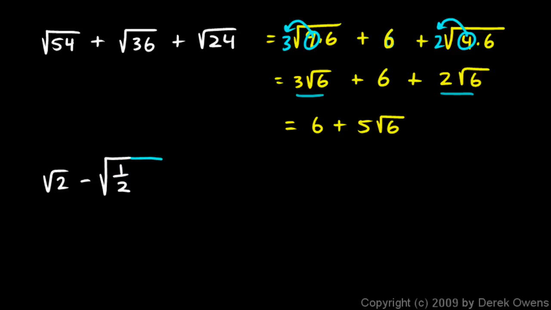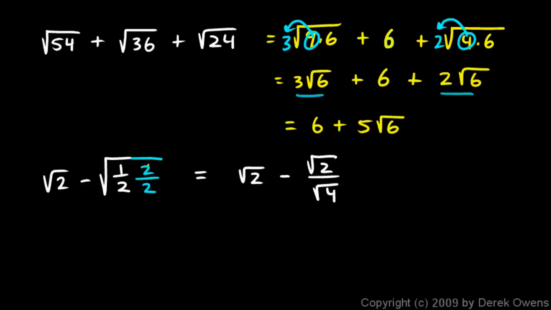I'm going to extend this and multiply by 2 over 2. And that's going to become a 2 in the denominator right there, because I have a square root of 4 in the denominator. So now let's rewrite the whole expression. I have this first square root of 2 minus, and what I have now is the square root of 2 over the square root of 4.